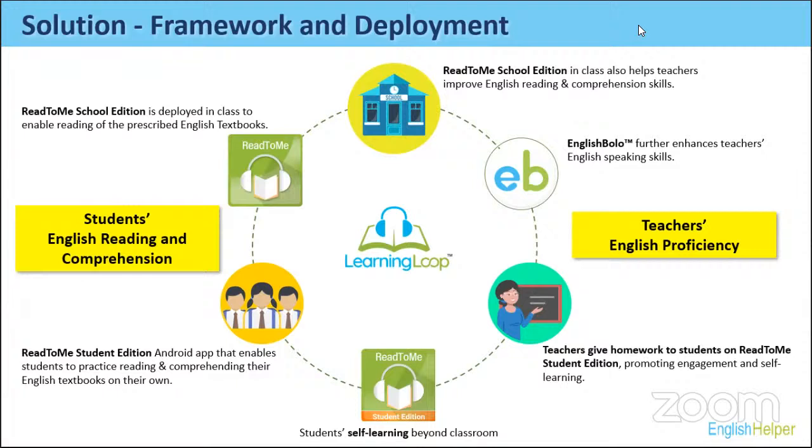After school, that is at home, students use ReadToMe Student Edition to practice their English reading and comprehension. This repetition helps students revise what was taught in class and also encourages self-learning. This combination of learning in the classroom and self-study at home closes the learning loop, leading to enhanced outcomes.